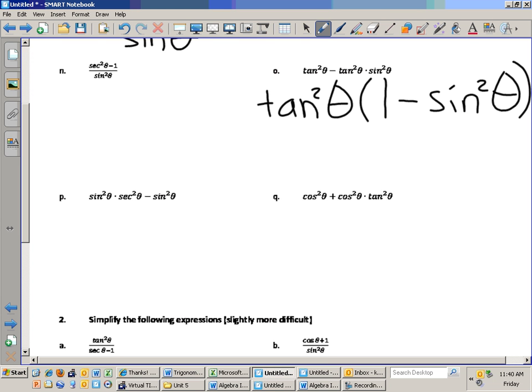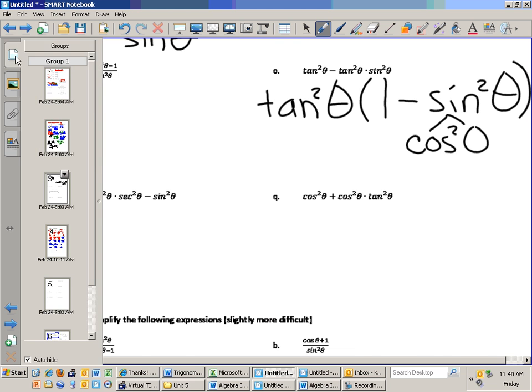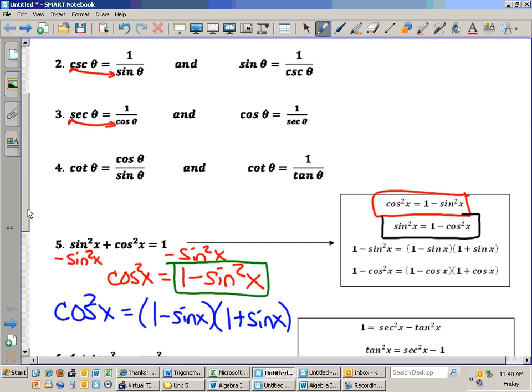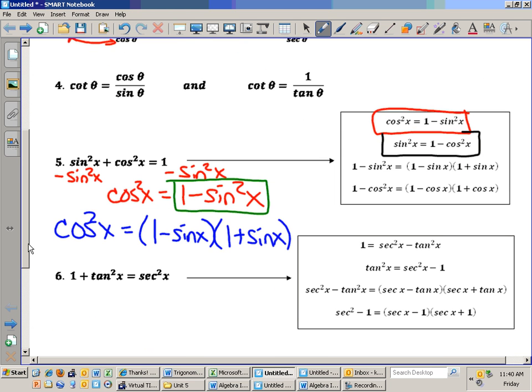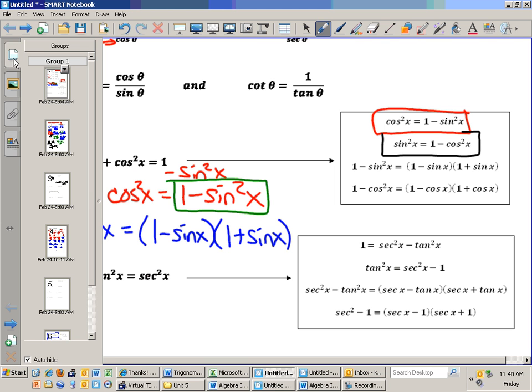From looking at your formula sheet, what is 1 minus sine squared of theta? Cosine squared of theta. If you look at your sheet, it says 1 minus sine squared is cosine squared. And you guys will get used to that after a while. You'll start to memorize those, trust me. We'll do enough of these.